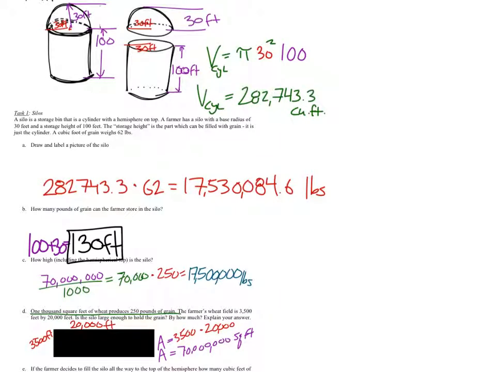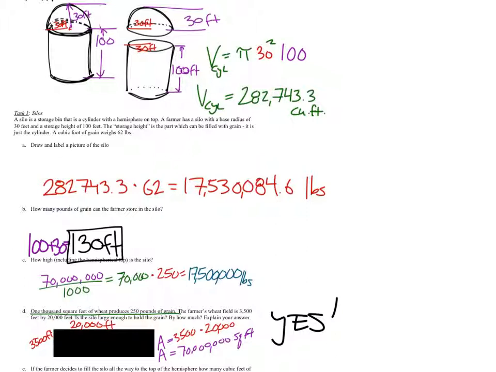Going back to what we have right here, if the farmer decides to fill the silo, if it's just a cylinder, by the way, it's going to hold that 17,530,000 and some change. So the answer to that one is yes, it will. But then it says, by how much?